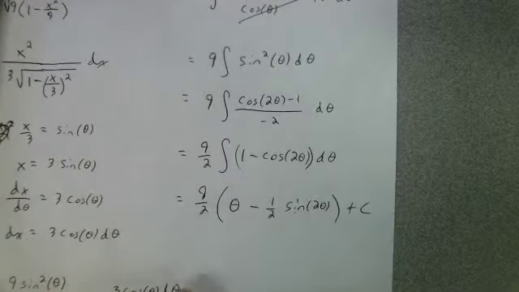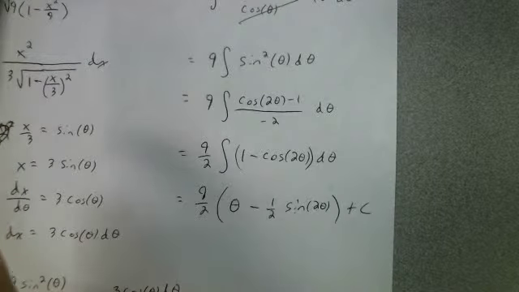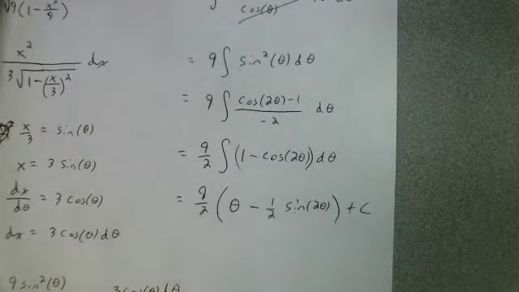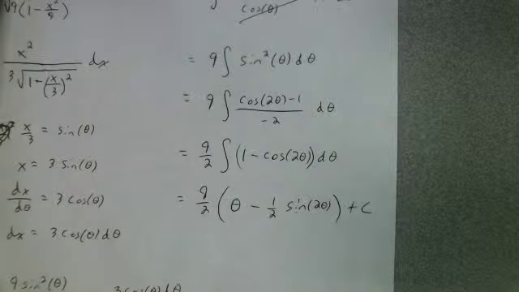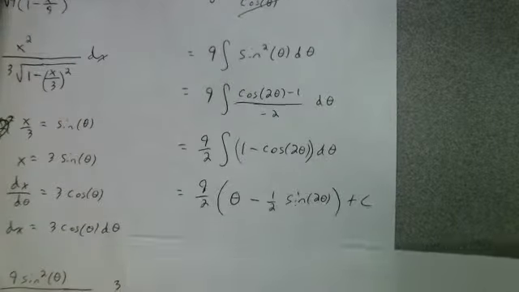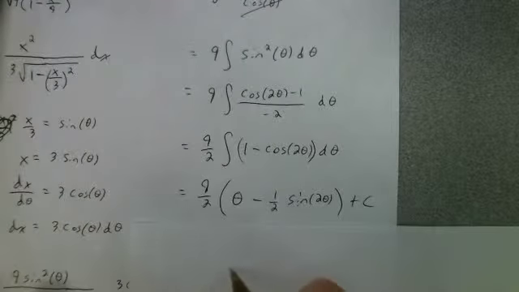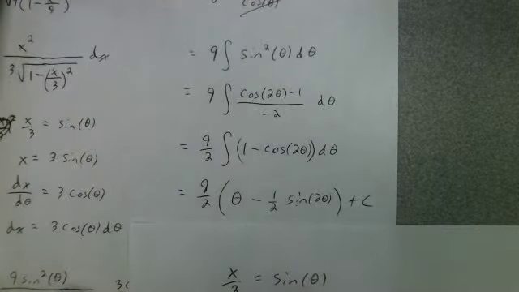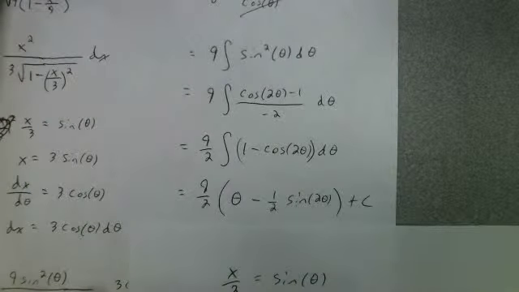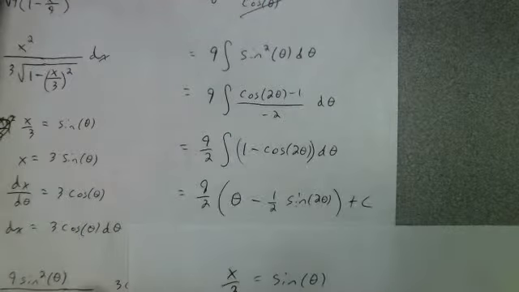All right. But again, I have a problem that started with x's in it. I need my problem to end with x's in it. So in my problem, I let x over 3 be the sine of theta. All right, I'll draw a picture here. So there's theta in a triangle.